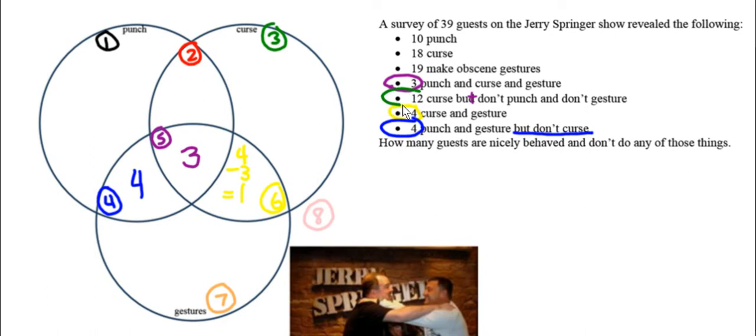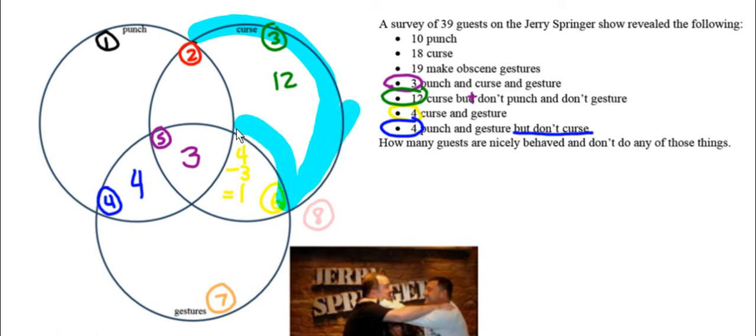Here it says that 12 curse but don't punch and don't gesture. That is just section 3. So that is 12. So the curse but don't punch and don't gesture is just this section here.